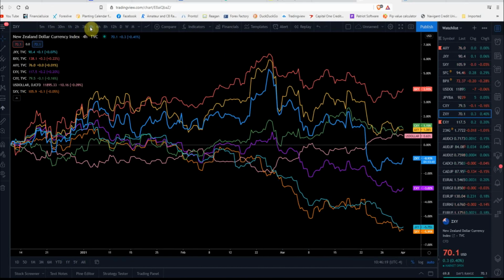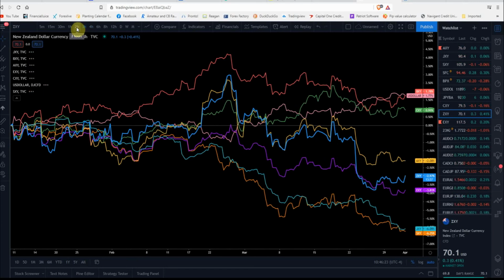Let's go to the 4 hour chart, see if we can see anything here. Okay. How about if we look at the, let's see. This is the Kiwi again versus the US dollar again.